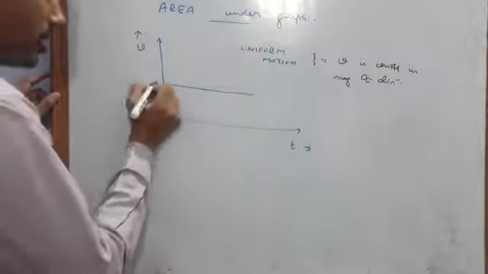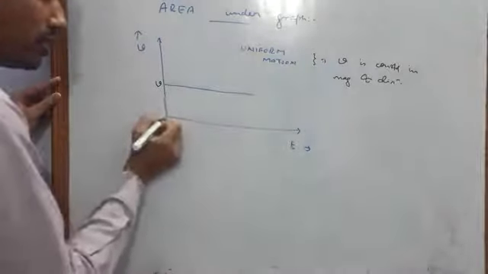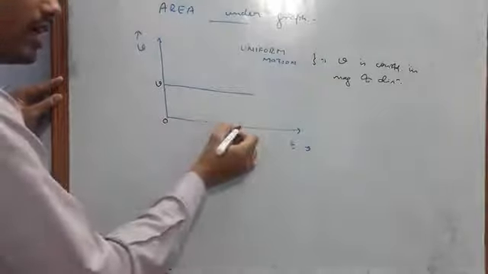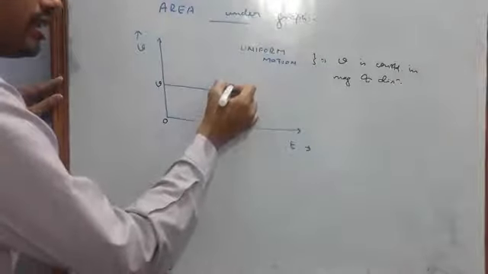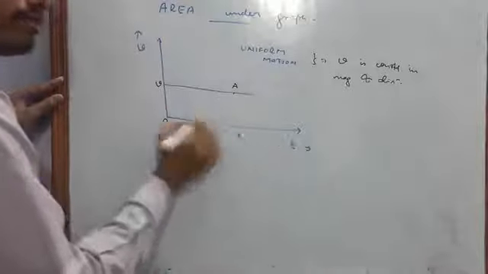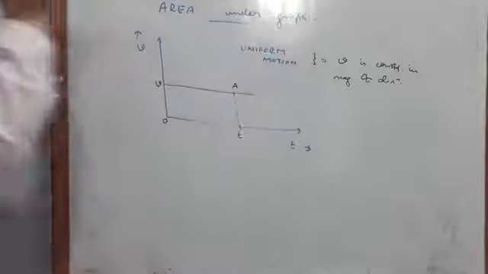This velocity has a constant value, v. This is the origin. Time starts from t equal to 0, and at some point, say A, the time is t. From A we have dropped the perpendicular. It meets the time axis at t.